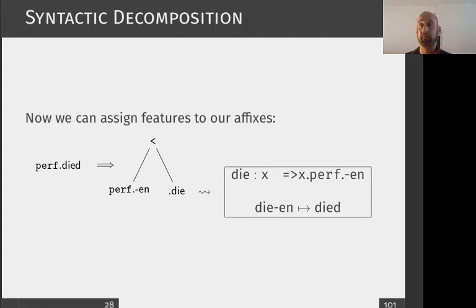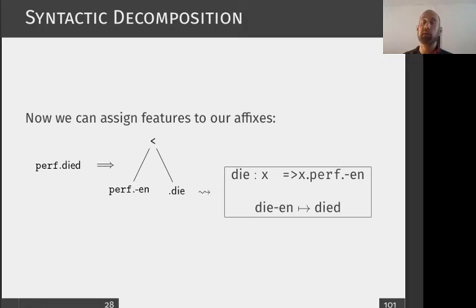Die, which is of category X for some mysterious category X. Of course, I didn't write the lexical item in this format for writing lexical items. I wrote it with the pronounced bit at the very end, right? So I'm mixing my ways of writing things here. But un's feature bundle is this head moving equals X and then perf. And that's what you have to give it in order to build the structure on the left.